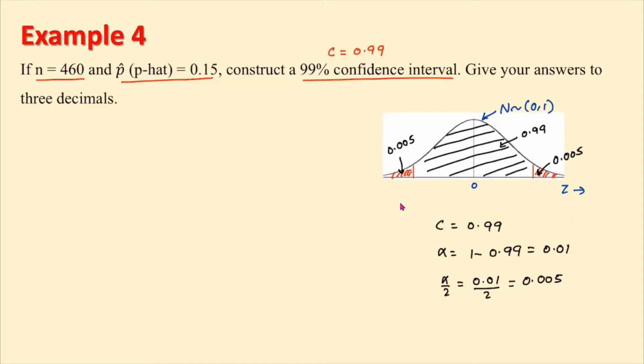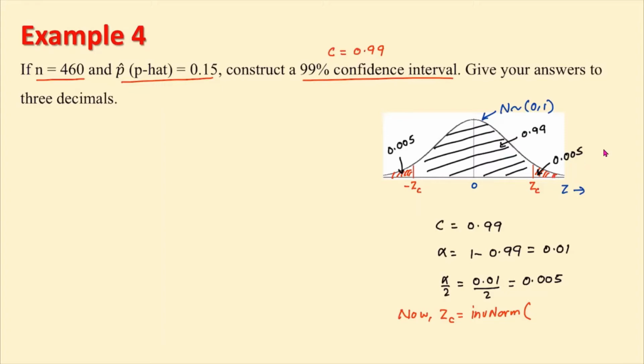Now, once we know this, we are looking for the Z critical, that is the value here. This is Z critical, and this one is the opposite of that, so it will be the negative of that. In order to find that Z critical, we use inverse normal. We need the area on the left.